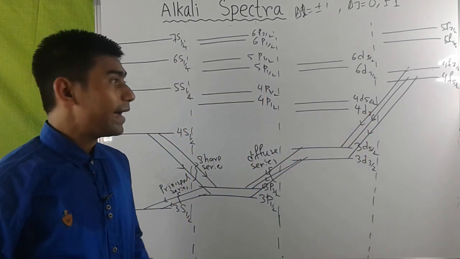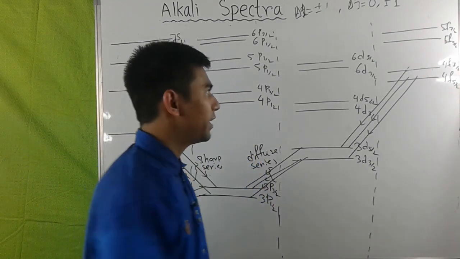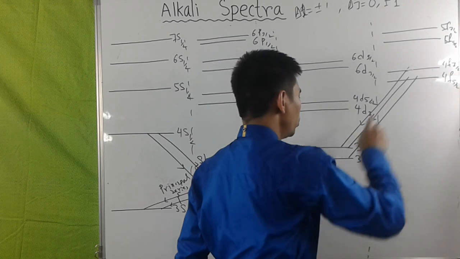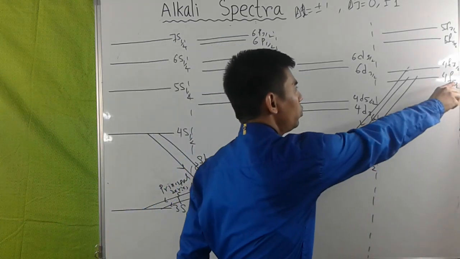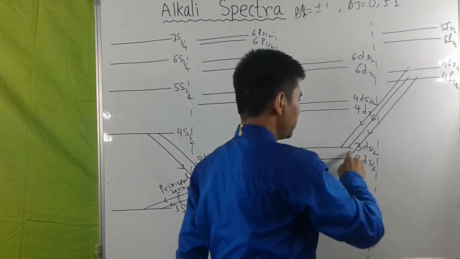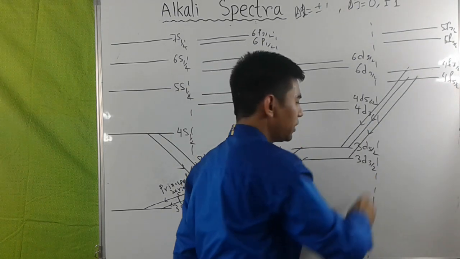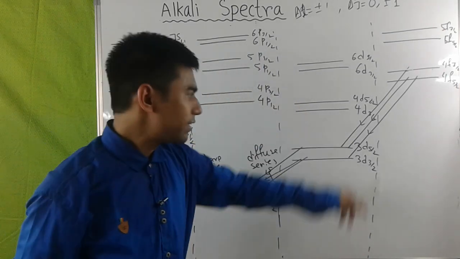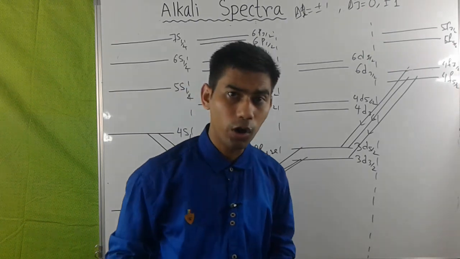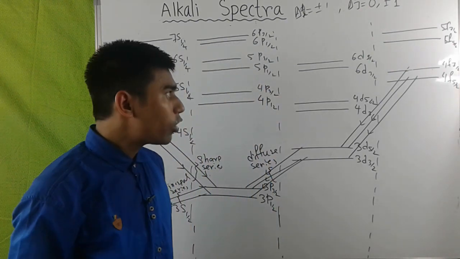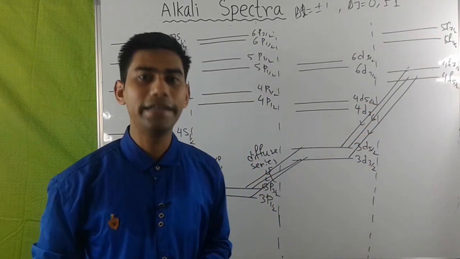Now the energy differences in the three permitted transitions, that is 4f 7/2 to 3d 5/2, 4f 5/2 to 3d 5/2, and 4f 5/2 to 3d 3/2, are so small that the triplet component of the lines of the fundamental series is not detectable.